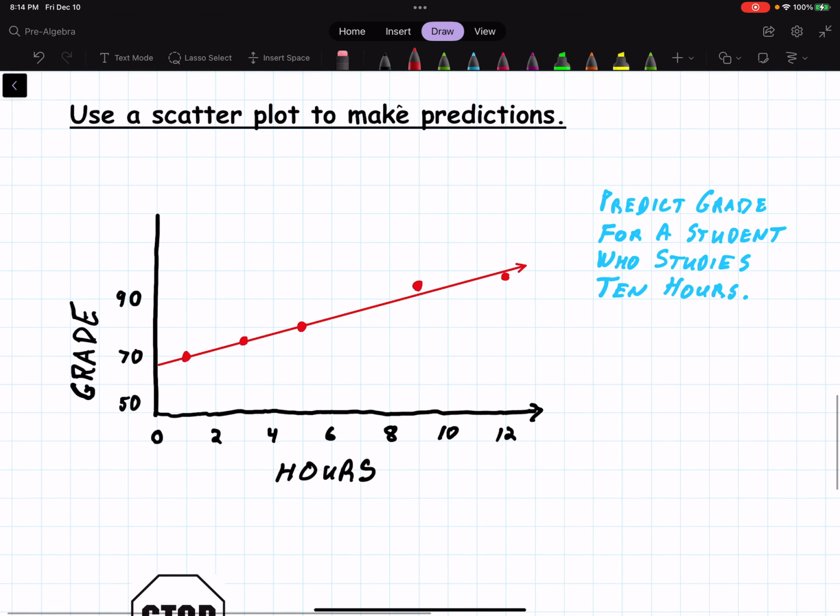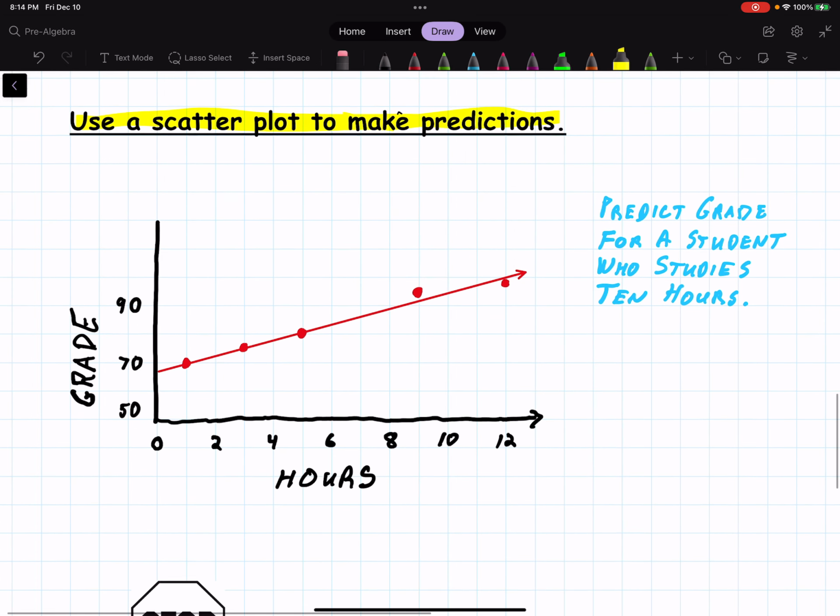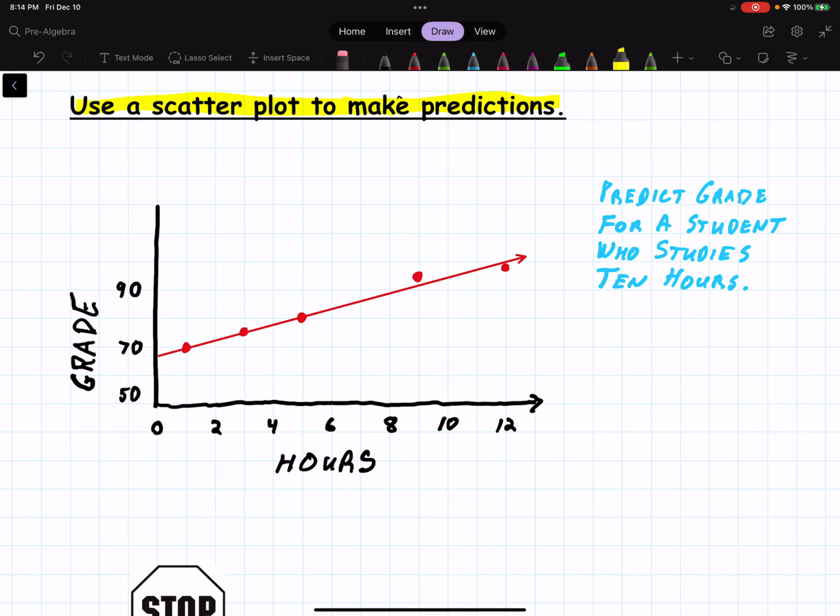All right, well, let's look at another use of a scatter plot. Let's make a prediction based on a scatter plot. In this example, we're talking about a person's grade based on how much time they study. And we have some data points.